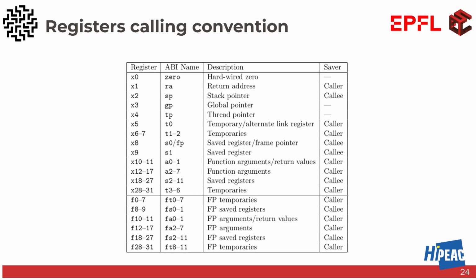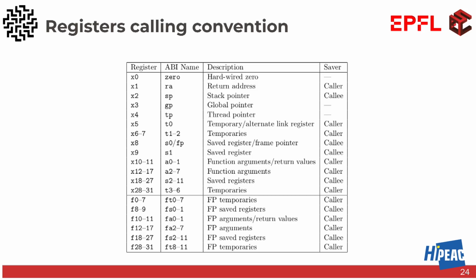But in other ISAs, there are some registers that are specifically the stack pointer, the global pointer, the return address, and so on. Whereas here the special registers are the same as the general registers. So it's up to the software conventions to decide which register to use.